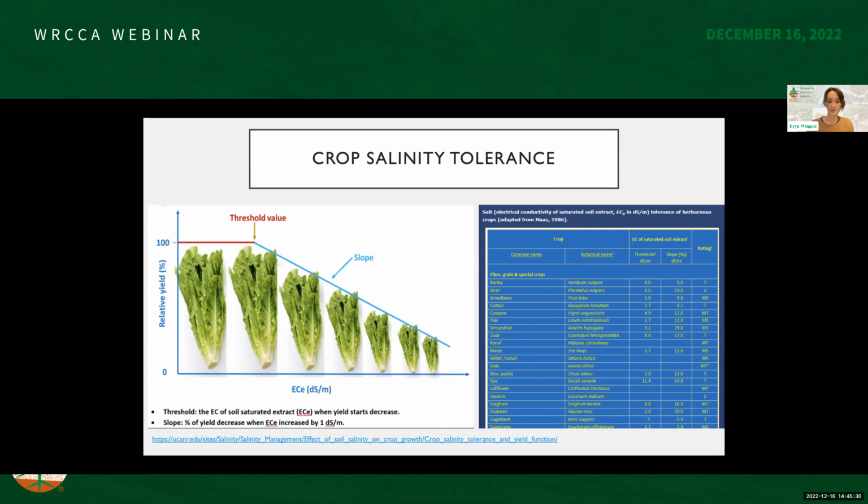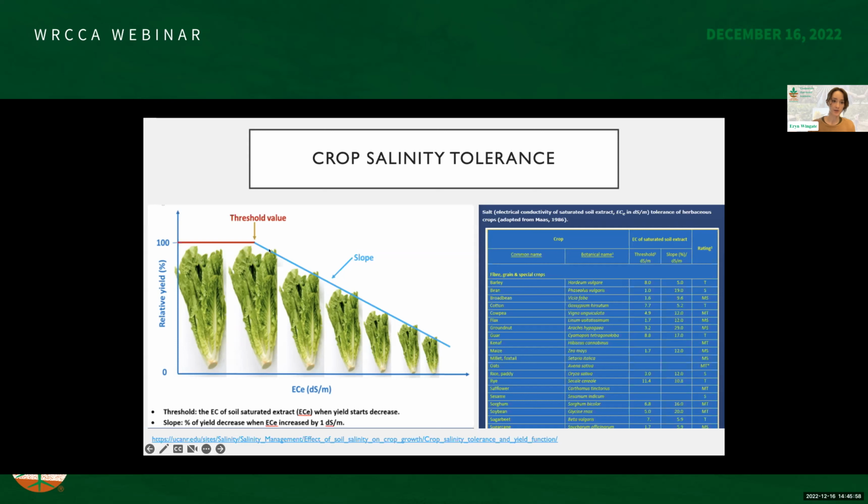This is a really good resource from UCANR. You can go onto their website and they've got a very extensive list of crops, their salinity threshold, and how yield decreases with increasing EC. That's the slope column in this chart.